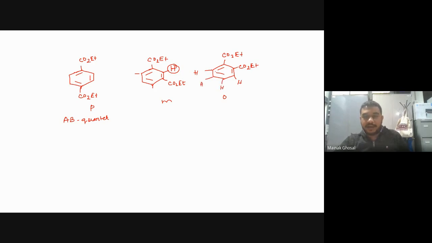This will be our doublet. Again, with meta coupling it will be a doublet. So you will see a large number of patterns and no singlet. So the only possibility is that this is nothing but the ortho substituent. So I am just removing all these other possibilities.